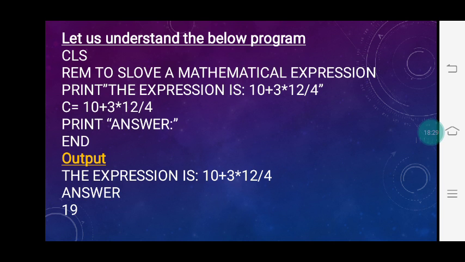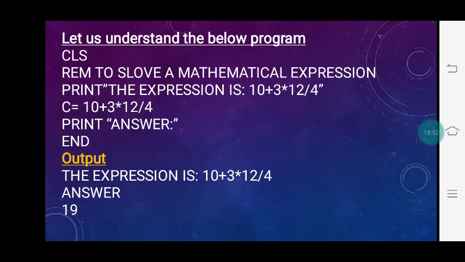The next one is REM, to solve a mathematical expression. Here the remark command is used to inform about the program code. Here a mathematical expression is going to be solved, so for that we can use the REM command.